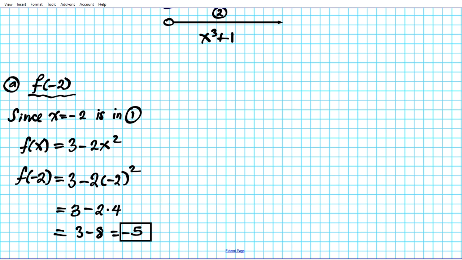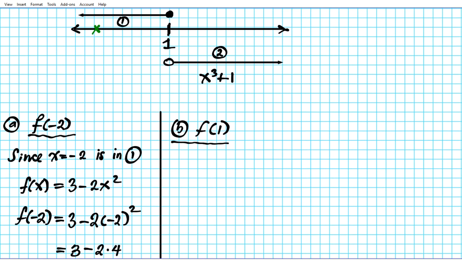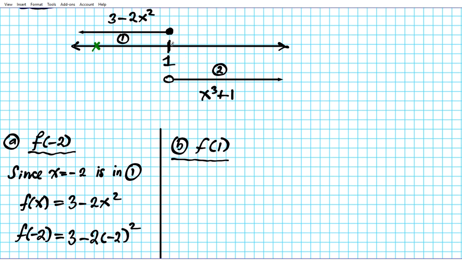For the B part, we are evaluating the function at 1, so we have f of 1. Alright, so what interval is x equals 1 located in? So any x value from 1 or less than will be in interval 1.